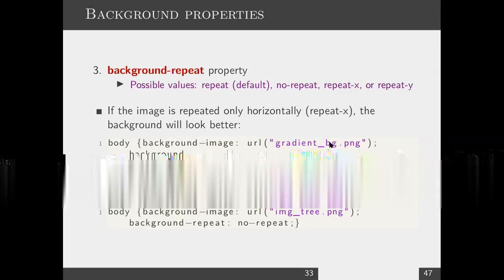If the image is repeated only horizontally, then you say repeat X. Usually the background looks better if you repeat X. Then to repeat an image vertically, you set it to repeat Y.